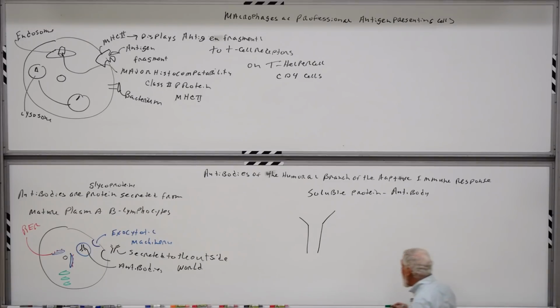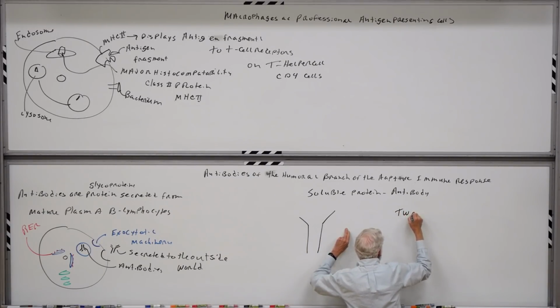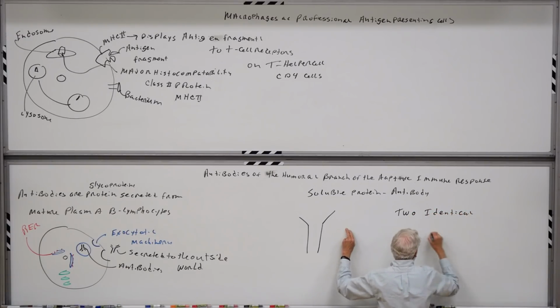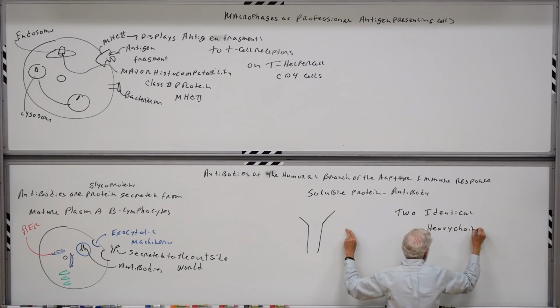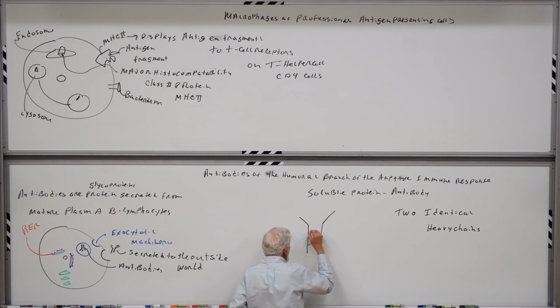When we look at this antibody, we find that there are two identical heavy chains. The two identical heavy chains are tied together by disulfide bonds.